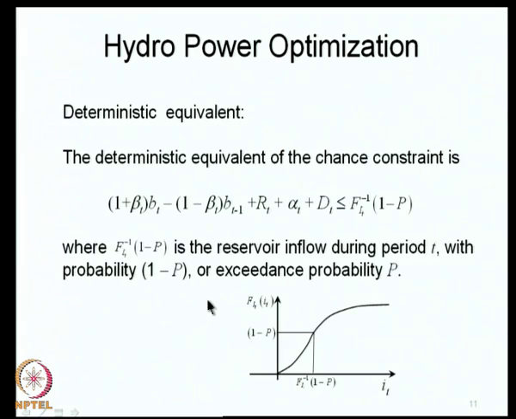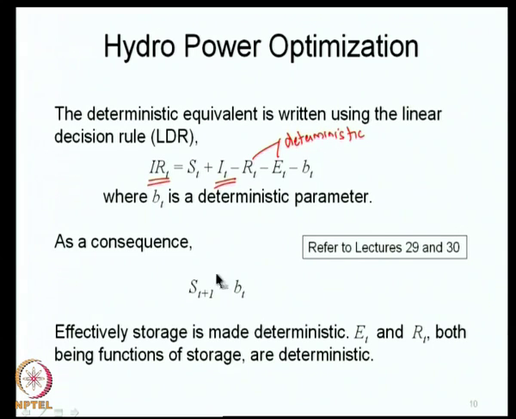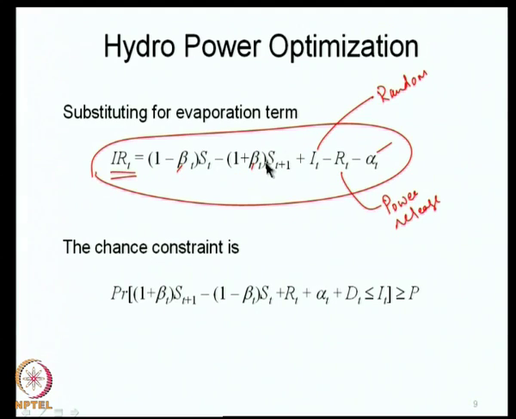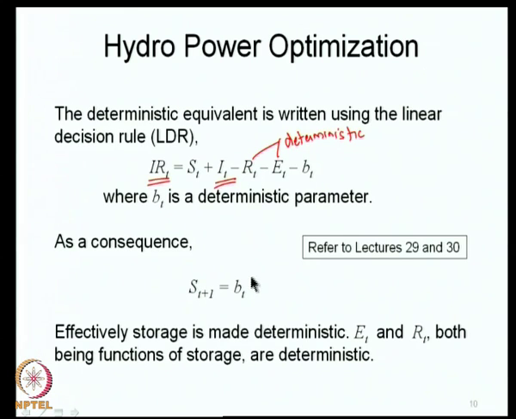With that, you can verify that S_t+1 will become equal to B_t, because for I_r,t you are putting this expression, and then you will get S_t+1 equal to B_t. You go to your earlier lectures 29 and 30, you will be able to understand this. And therefore, effectively the storage is made deterministic.